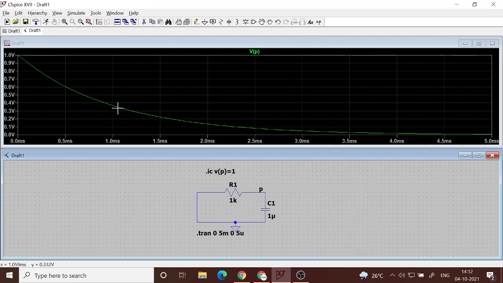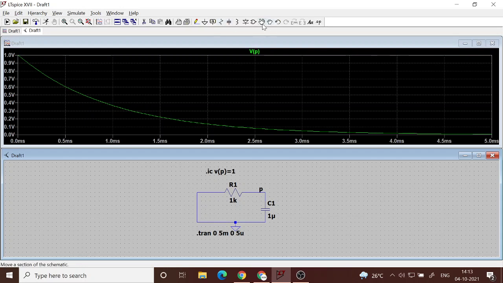And time constant is defined as the time it takes to reach, when time reaches one time constant, we have the output changing from the initial value to 1 by e. E is basically the natural logarithm base. So whatever is 1 by e, that will be the value.